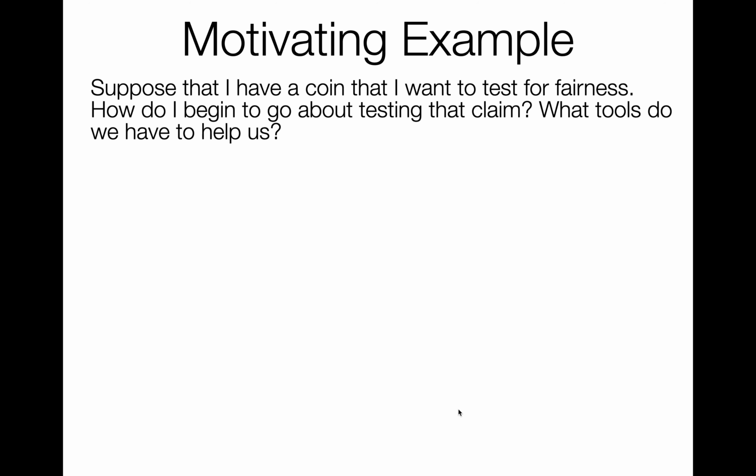So the first question I want to ask you, and I want you to think about a little bit, is how do I begin to go about testing that claim? It's not enough to look at the coin and say, since the coin is bent, it's not fair, because it may be possible that the coin is still fair even though it's bent.